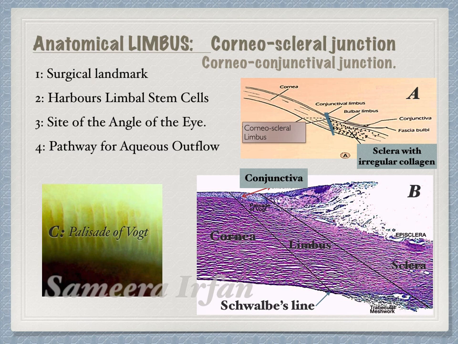So also note in figure B that the external limbal area between conjunctiva and cornea possesses the most important multipotent limbal stem cells, while the internal limbal border zone between corneal endothelium on one side of the limbus and sclera on the other side contains the specialized cells of the trabecular meshwork. So this limbal zone has on the outer side the important limbal stem cells, while on the inner side it has the important trabecular meshwork.